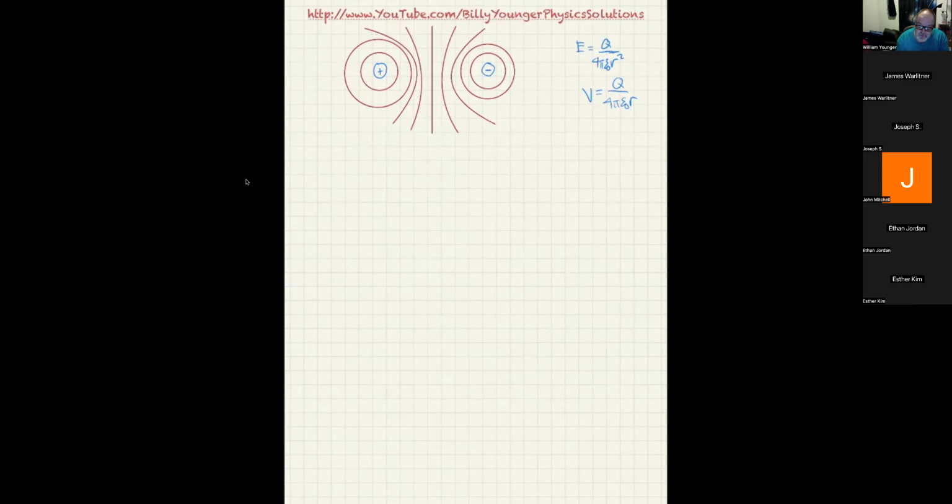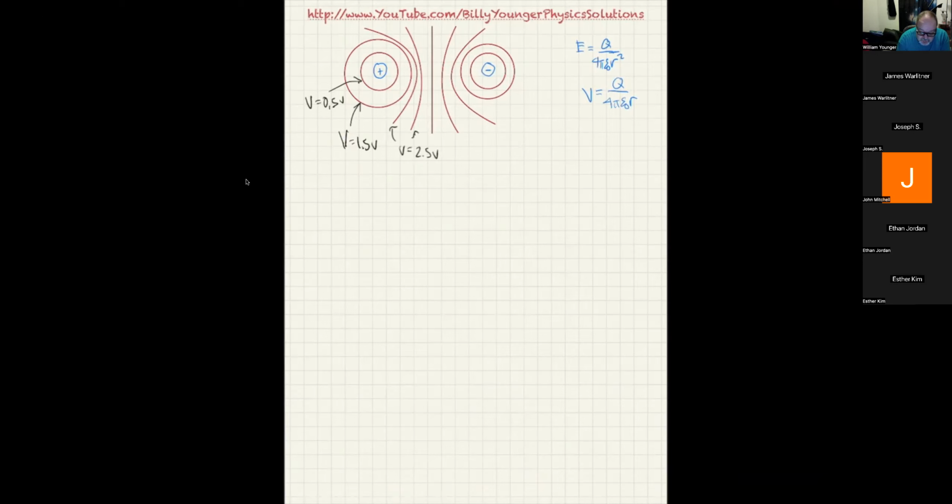So for instance, you might say this line corresponds to V equals 1.5 volts. This line corresponds to V equals 0.5 volts. Maybe this one corresponds to V equals 2.5 volts.